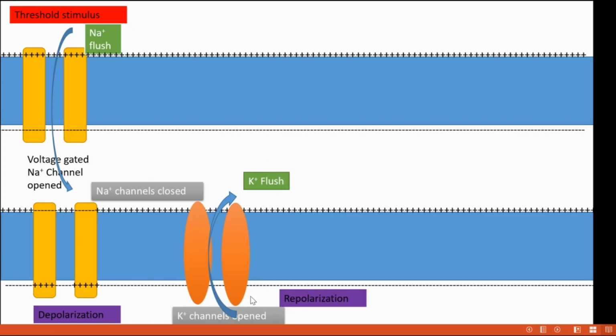More potassium is moved out, so a high hyperpolarization is observed at the very next moment, the first few seconds of repolarization. After that, it comes to our normal resting membrane potential, that is minus 75 millivolt.